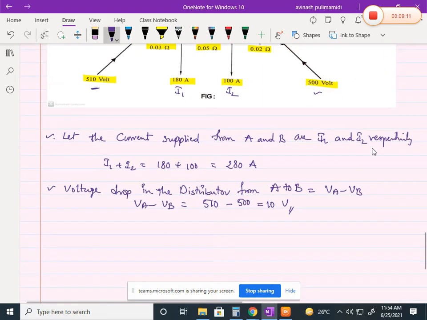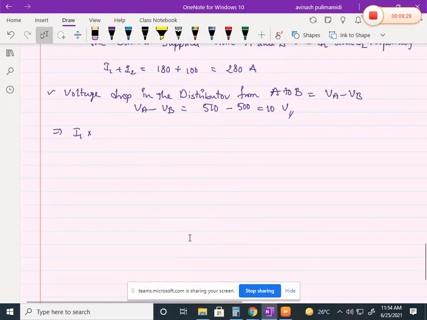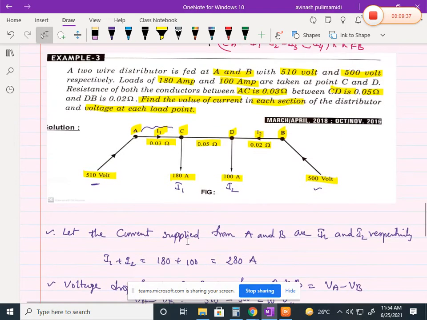Okay, so we will be writing here. That implies I1 into, what is the AC section resistance? 0.03, plus, what is this one? CD section.